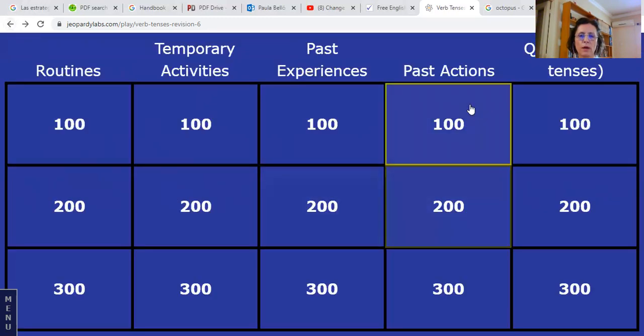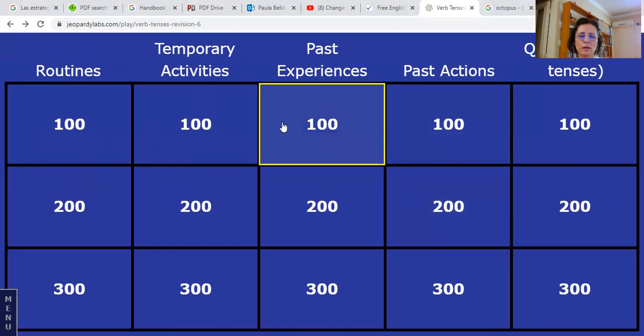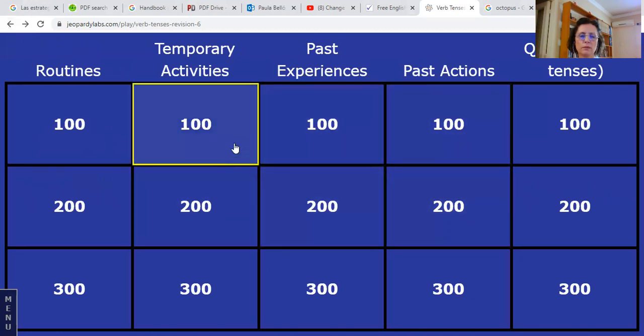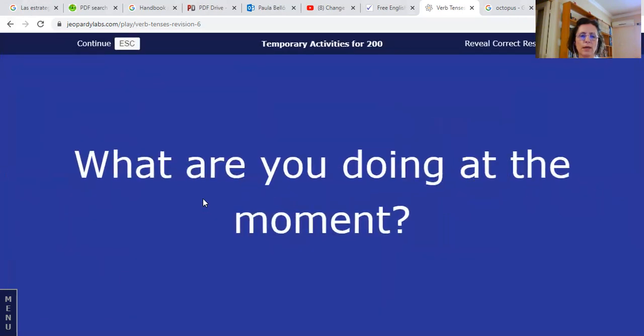Okay. So you did this one. Past experiences, temporary activities. What are you doing at the moment? This is something temporary now, this week, this month, this period of time.